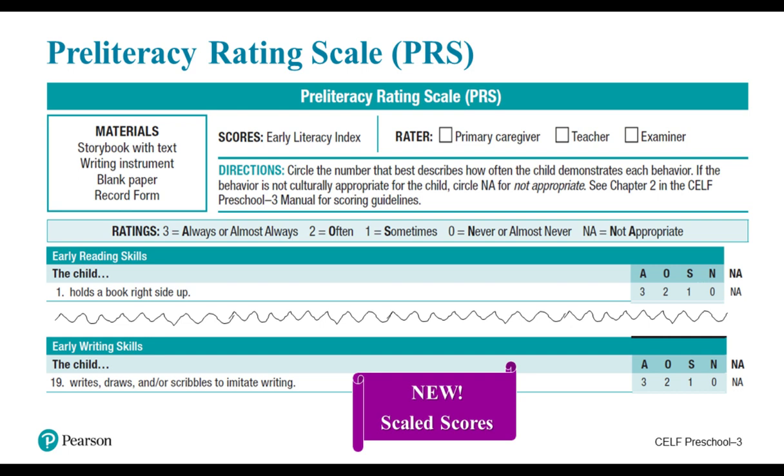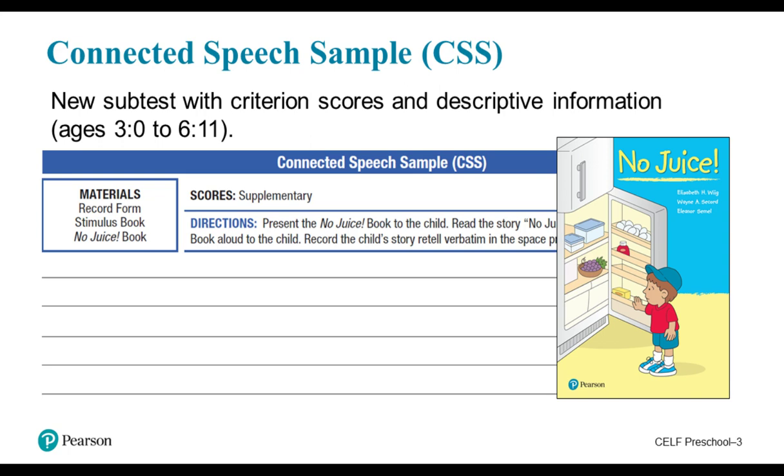However, the Preliteracy Rating Scale can be administered and a score can be obtained for children ages 3 to 6. So if you are assessing a 3-year-old, you're not able to get a score from the Emerging Literacy Index, but you are able to collect some information on the child's early literacy skills. So the scale scores are for ages 3 to 6.